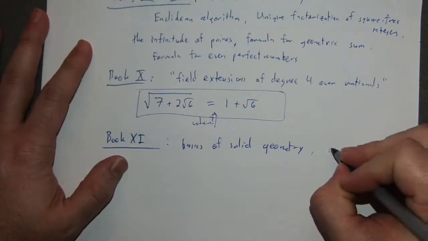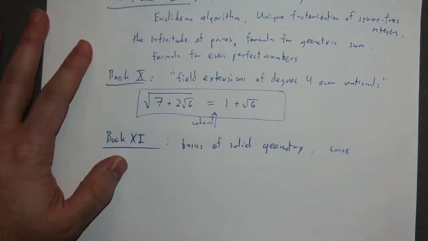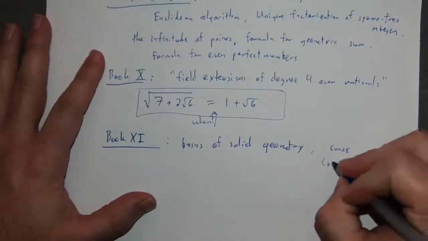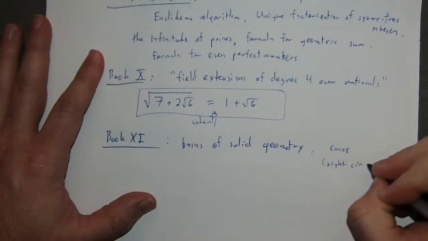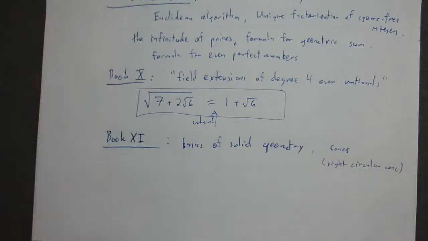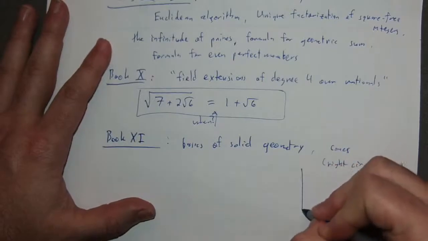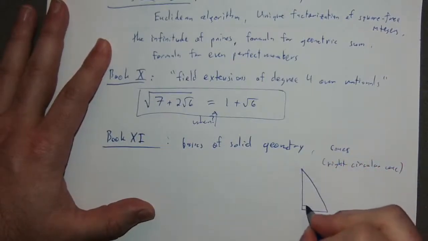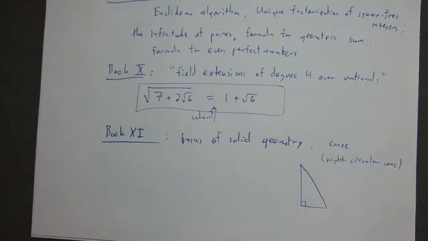How would, for instance, the Greeks define a cone, or a right circular cone? If we're being really picky on the language here, how do they define a cone? Well, they defined a cone as resulting from taking a very familiar figure, a right triangle, and rotating it.